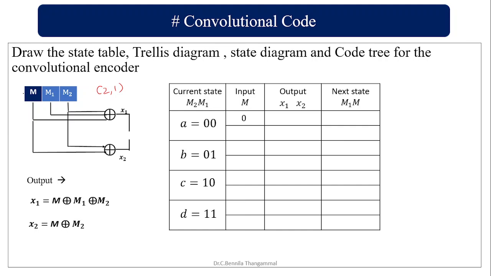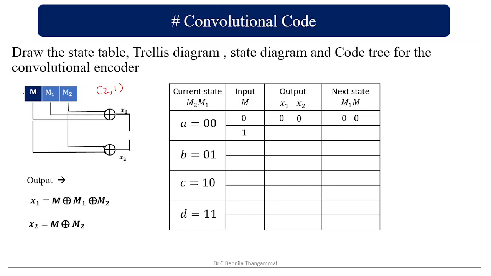Using the equations for M modulo M1 modulo M2, since all these values are 0, the outputs X1 and X2 are 0. The next state is M1, M, so 00 is the next state.